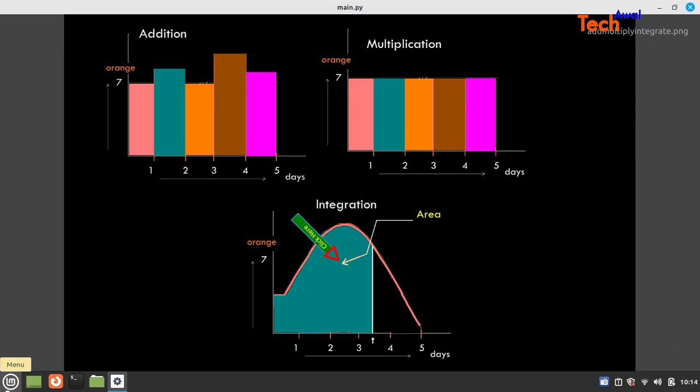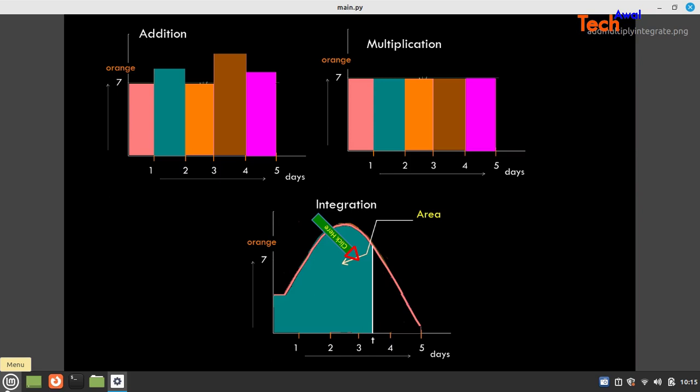In multiplication we can go for multiplication or for area; in integration we purely go for area. So if I have a collection like this, for some time it is flat and then it is a sine wave, then at any time t, if I am able to find the area, that is the collection. That is the integration. So that is the difference between addition, multiplication and integration. Addition is pure addition.